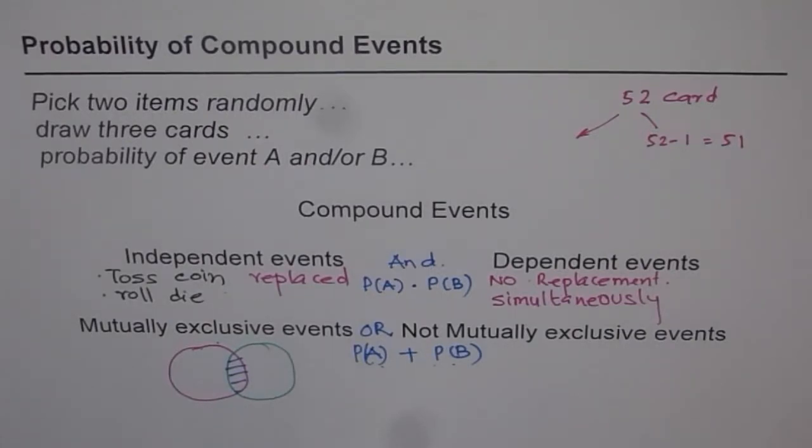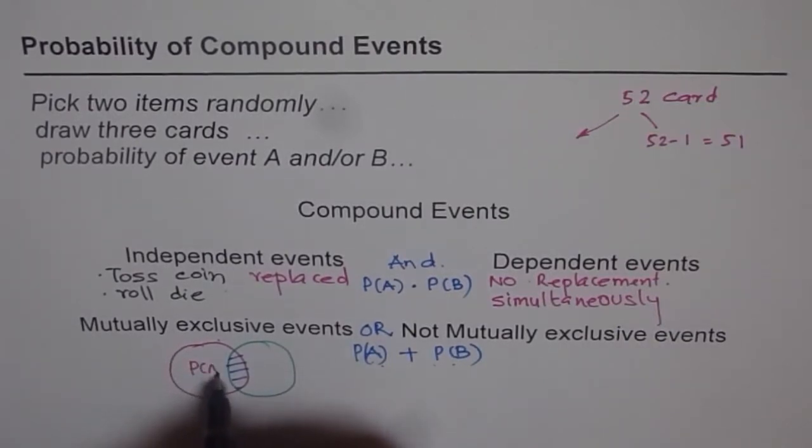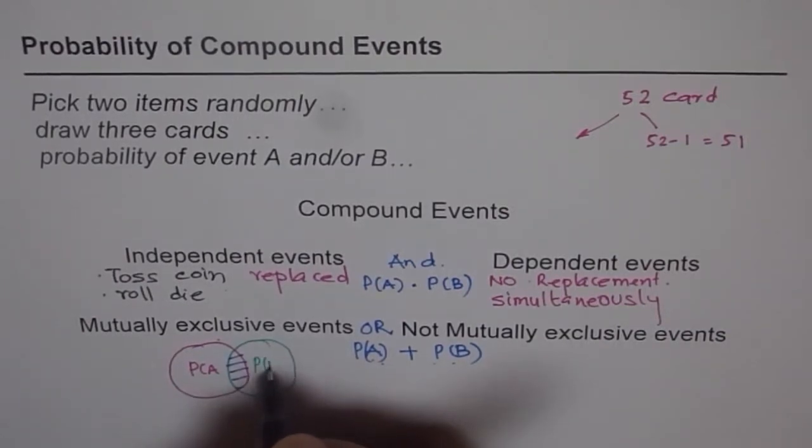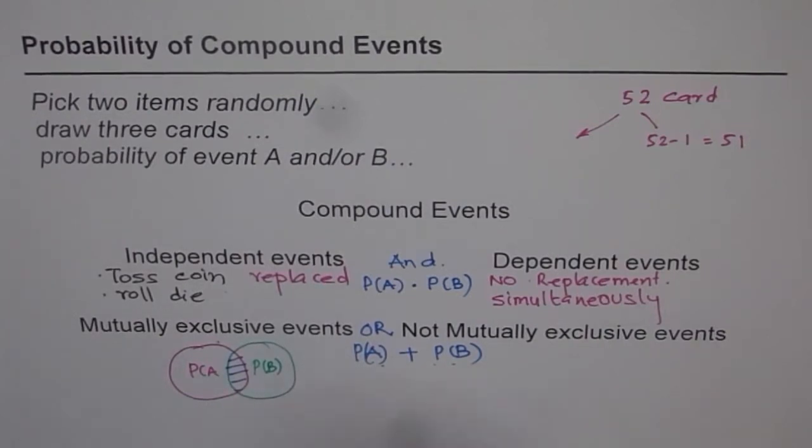So in our question, let us say this is event A, and we say, well, the probability of this is A, and we'll consider probability of the other part as probability of B, right? So we have this.